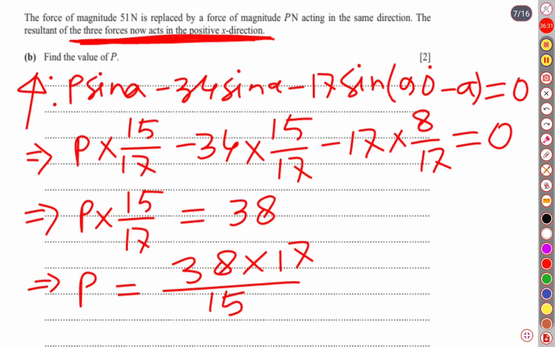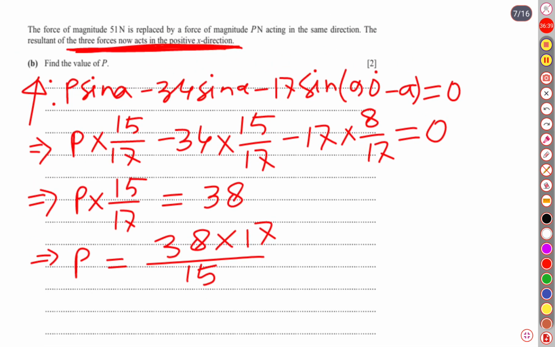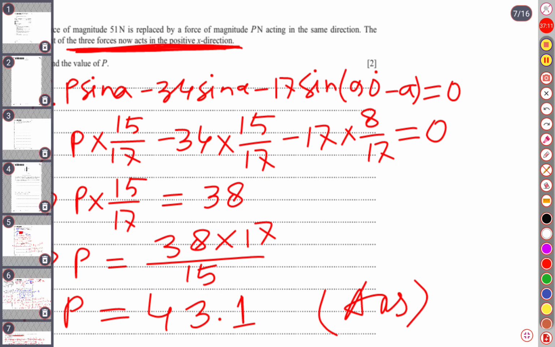Hence our P is going to be, using our calculator, 38 times 17 over 15, that is 43.06. If we round it to three significant figures, the value of P is 43.1. So that's all about the whole of the solution.